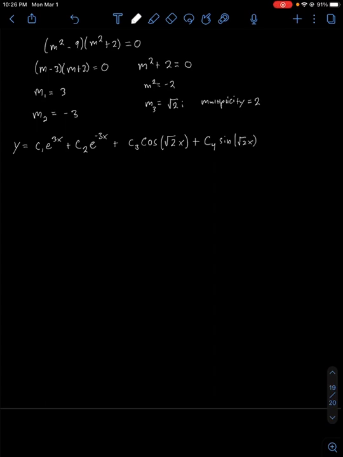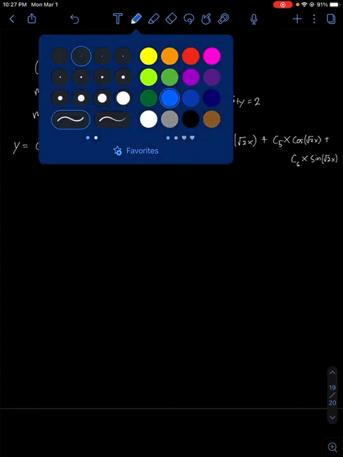But this is multiplicity 2, which means I'm going to have c5 x cosine root 2x plus c6 x sine root 2x. And that should be the final answer.